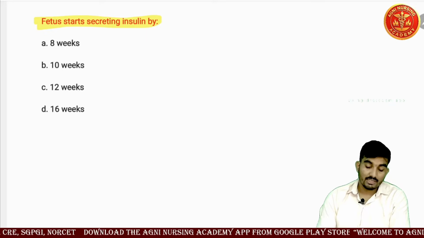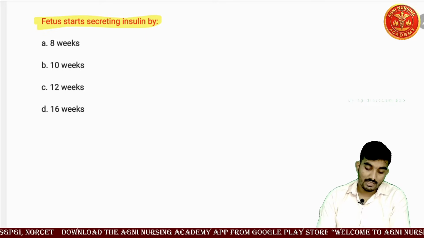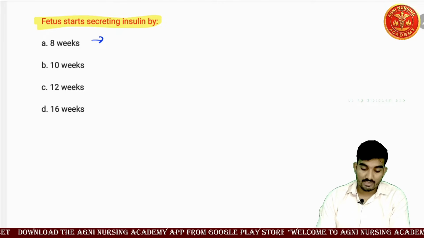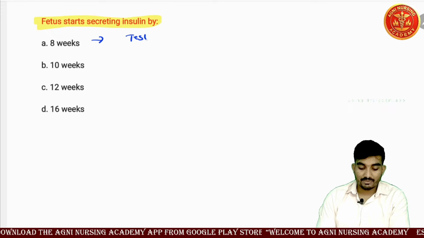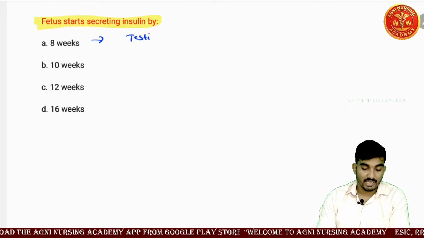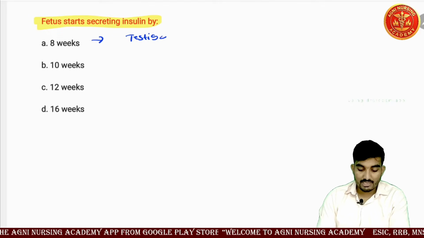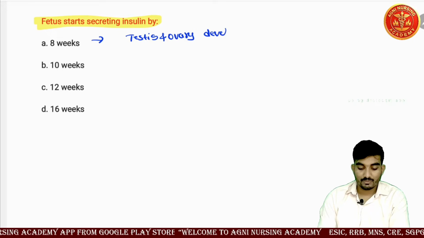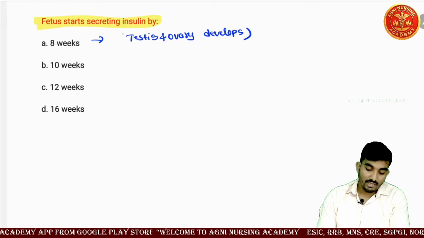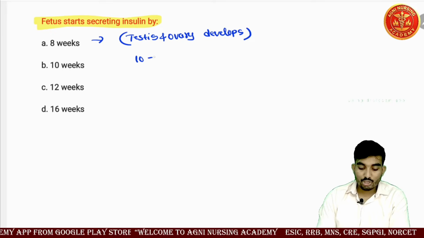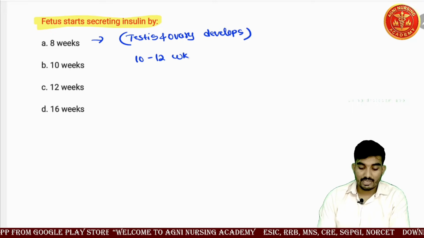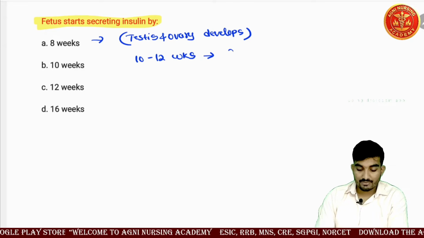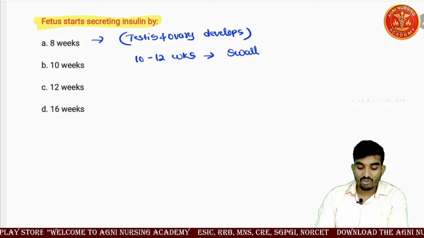At 8 weeks of gestation, the internal gonads, the testes and ovaries, develop. At 10 to 12 weeks of gestation, the child begins swallowing.